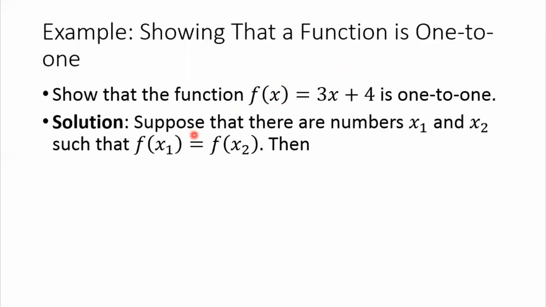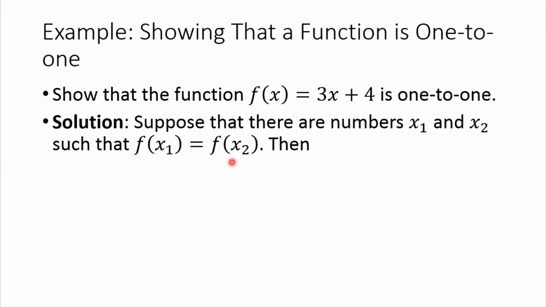So suppose that there are numbers x sub 1 and x sub 2 such that f of x sub 1 is equal to f of x sub 2. Okay, that's our assumption.